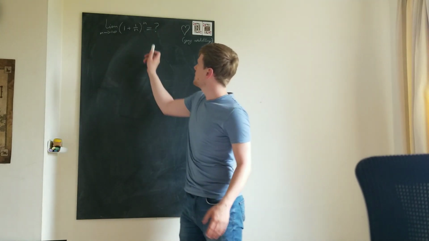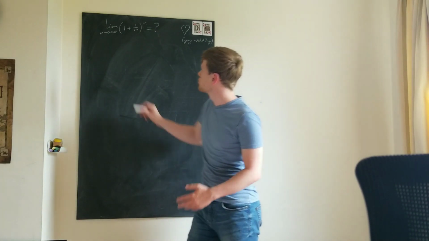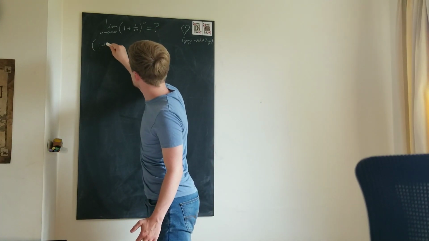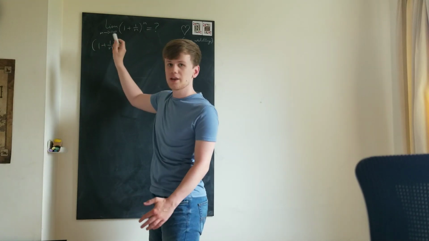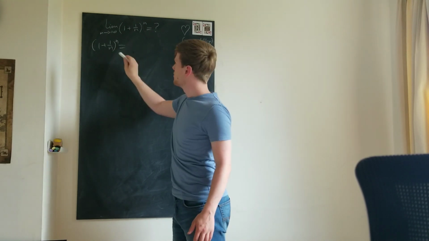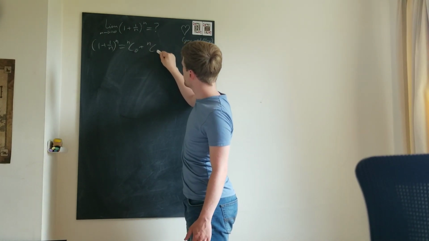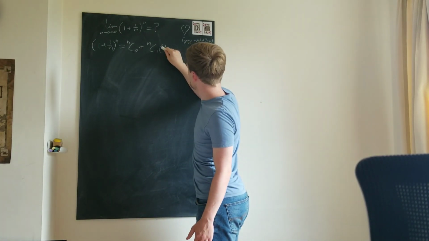So, how can we get a better grasp on what this limit is? Well, one thing we could try is expanding out this expression 1 plus 1 over n to the power of n binomially. And that will give us, the first term will be n choose 0, the next term will be n choose 1 times 1 over n.